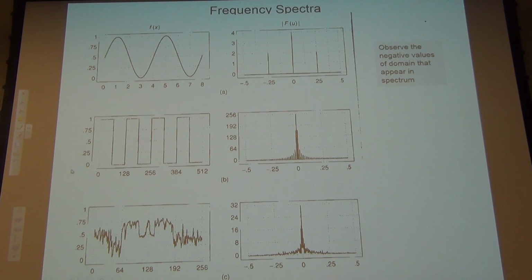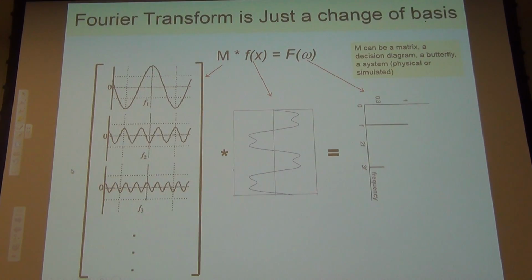That is why we have this spectral, this frequency spectrum. We have this original signal. We need a matrix to convert this signal from the time domain to the frequency domain.